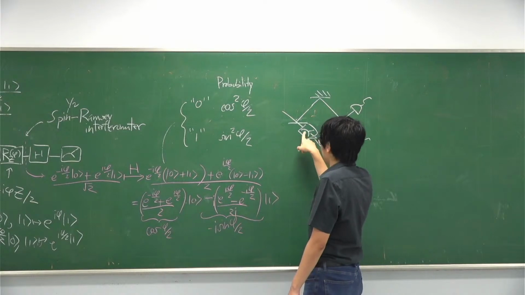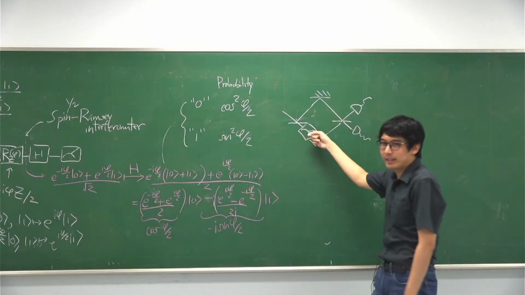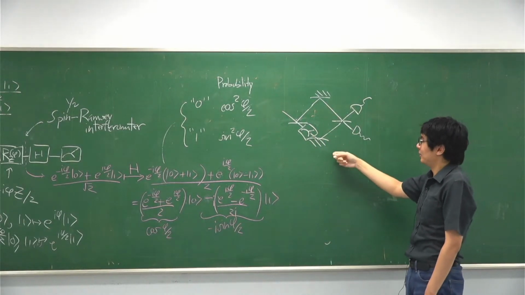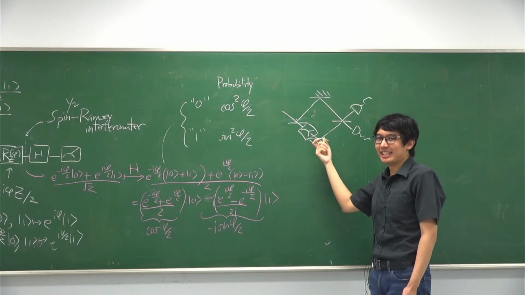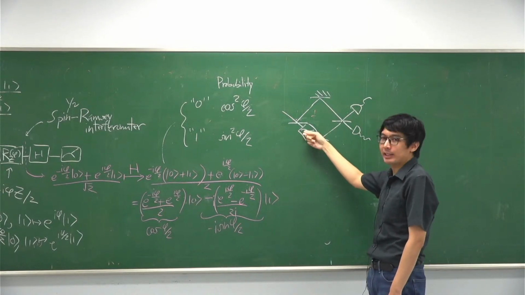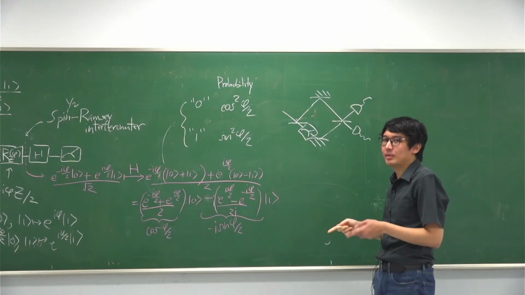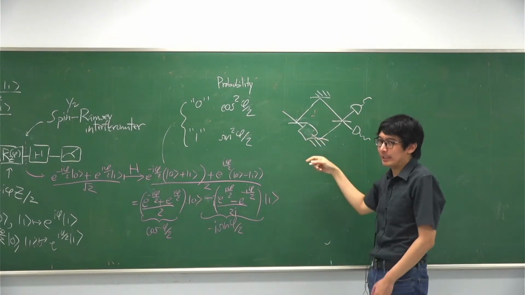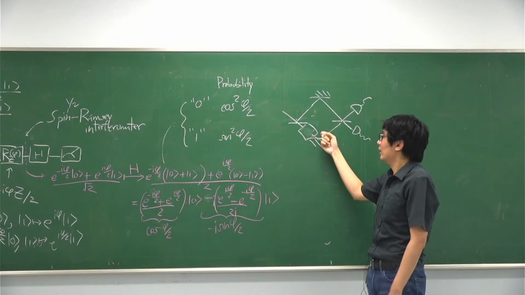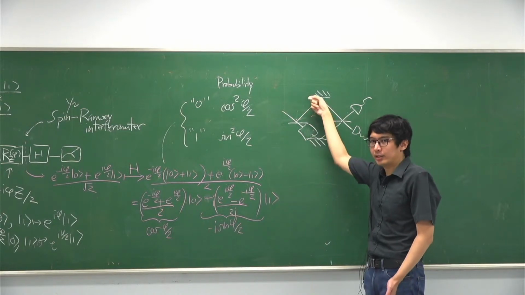Yeah, I realize this box is not exactly the same as this box, because this is not quite the measurement in the circuit diagram. We are effectively measuring in both arms, just to see which arm it is in. But here you usually just put some detector, and if you don't see the light in this arm, you conclude that the light is in the other arm.